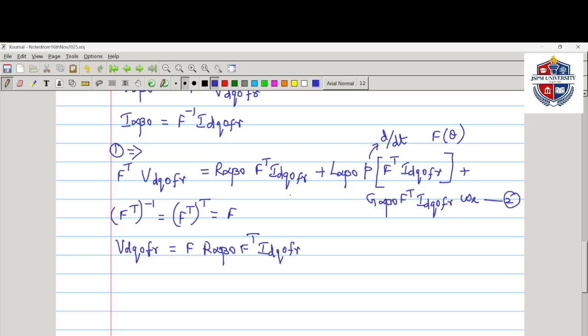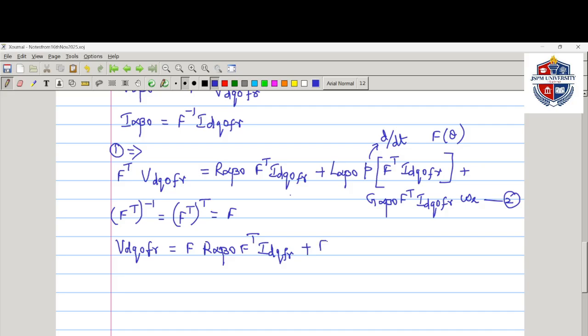This is one variable, don't confuse it. It is so lengthy, so from henceforth I will write this as I dq fr. That means the stator is fictitious, the rotor is as such.